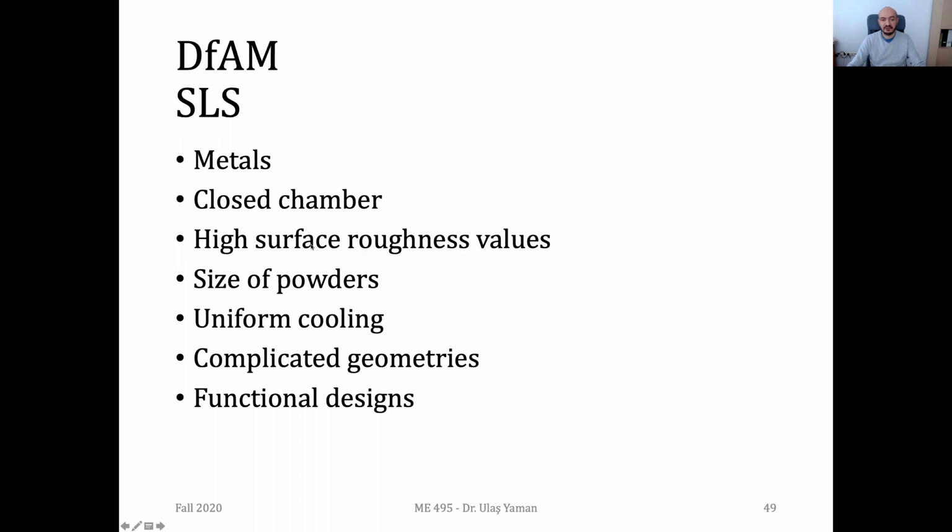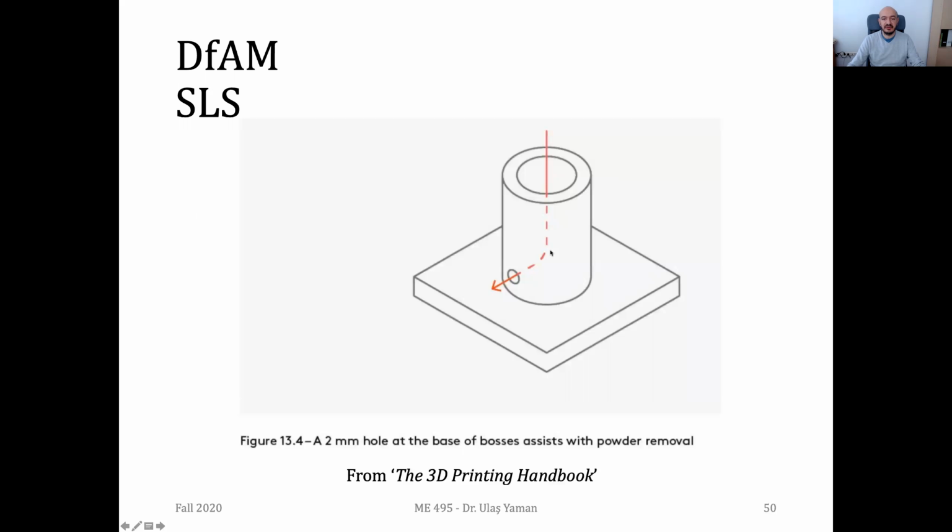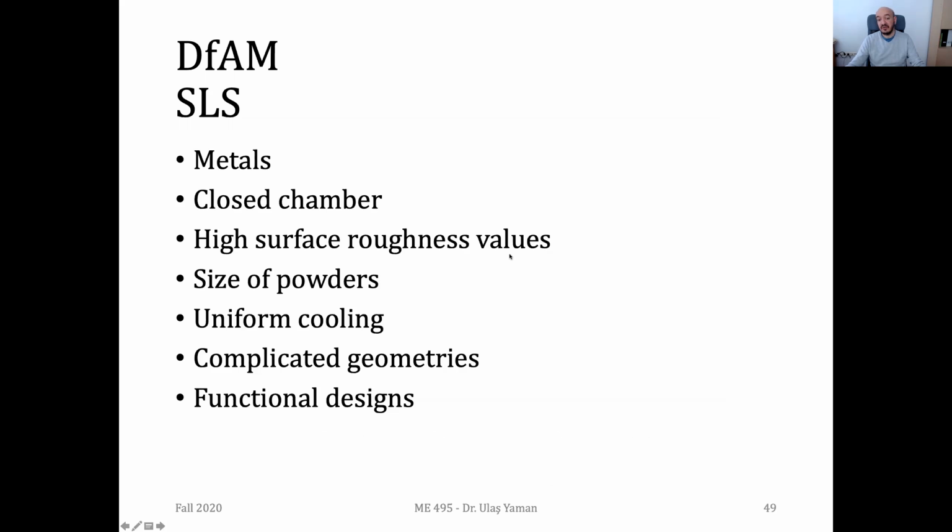Since we are making use of powders, you need to be aware of this issue and maybe do some post-processing if the roughness values are not satisfying your requirements. And in SLS, SLM, and other powder-based processes, the heating and the cooling are highly important.